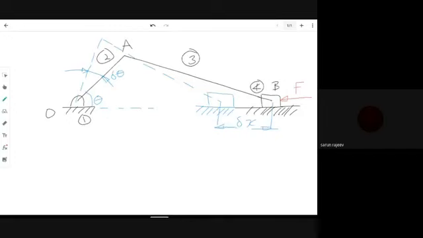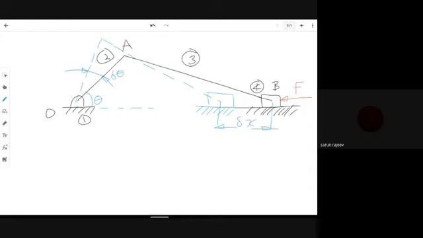Then we can consider that displacement to be a virtual displacement, an imaginary displacement. That means if a system is undergoing such a virtual displacement, then the work done for that particular virtual displacement should be zero.